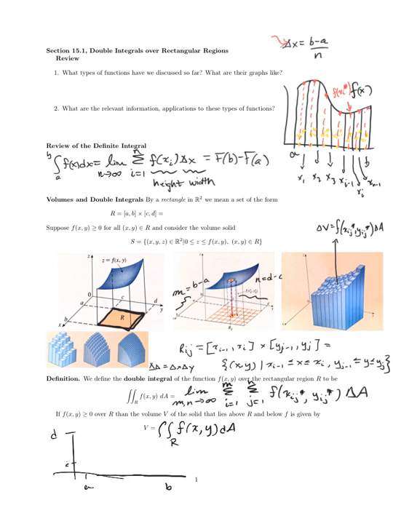So going from A to B, that's being split up into however many subintervals you want, and then from C to D, same thing.